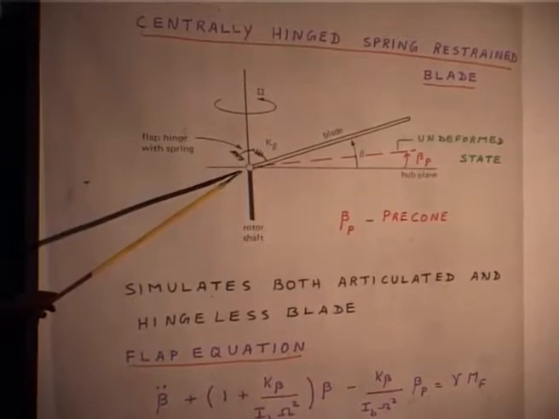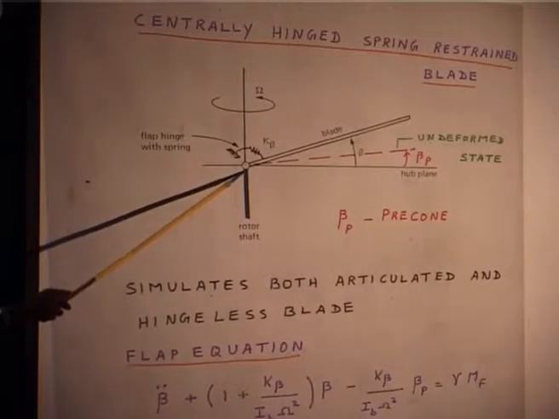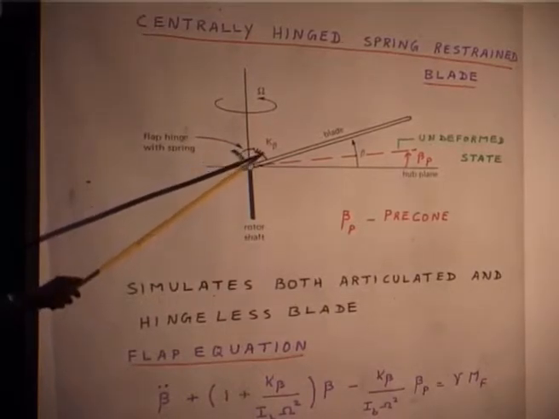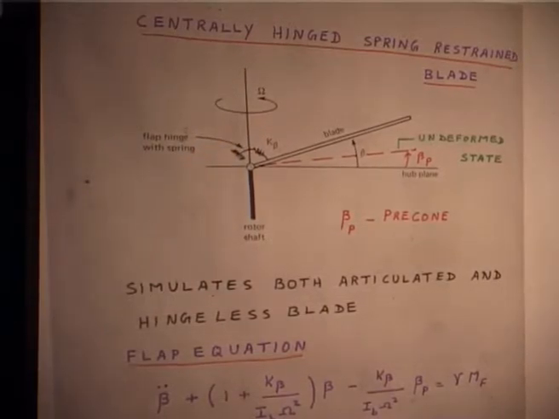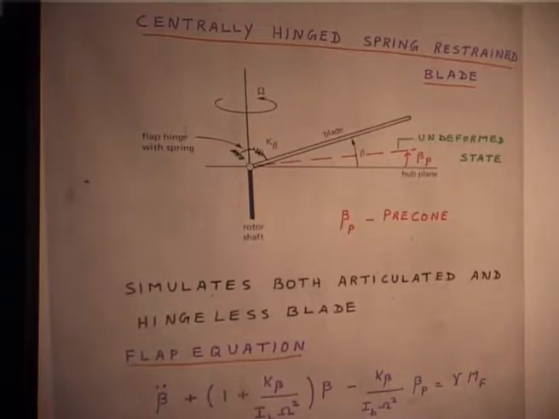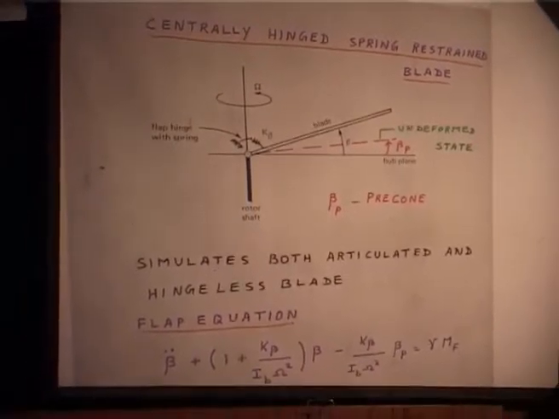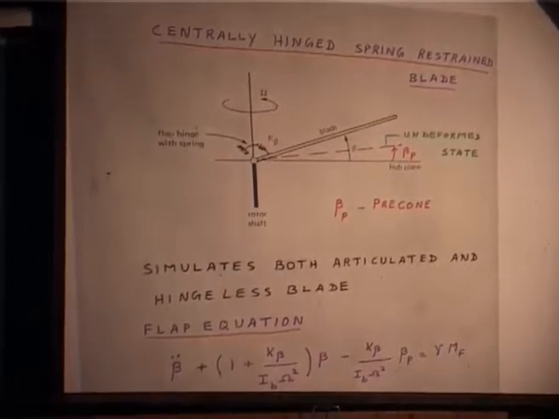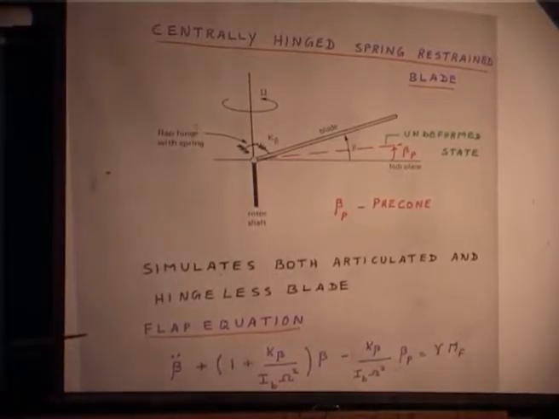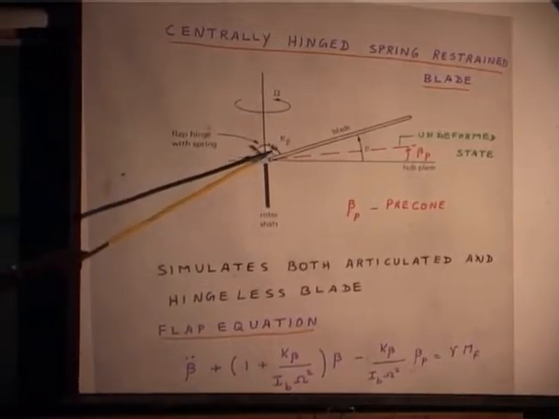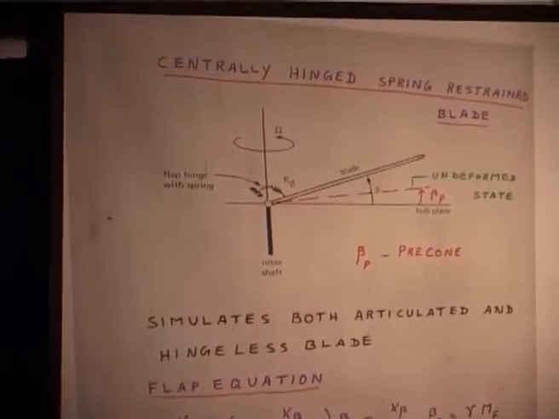Instead of a hinge, I put a root spring, K beta, the flap spring, that will also give a moment when I move it. That means, in my equation of motion, I must include the effect of the root spring.